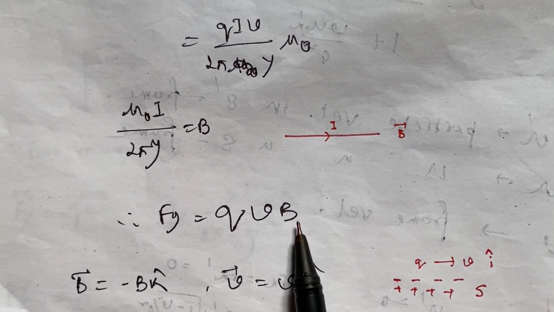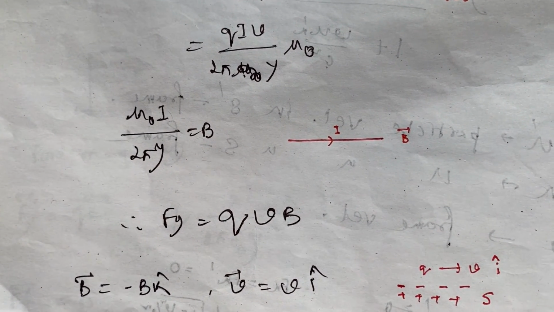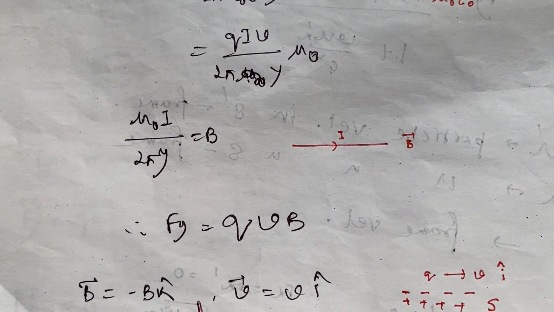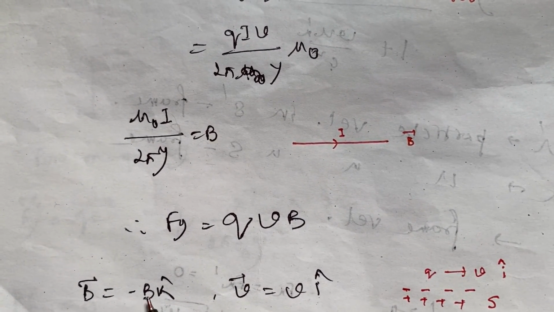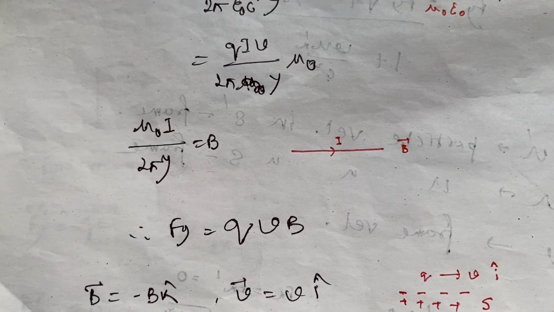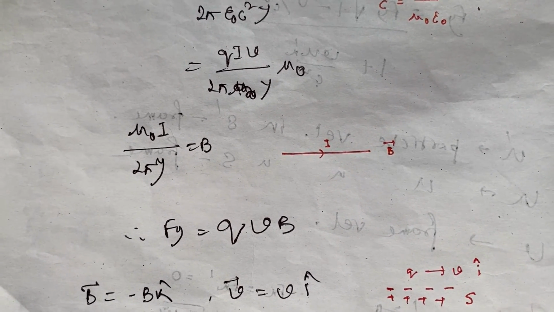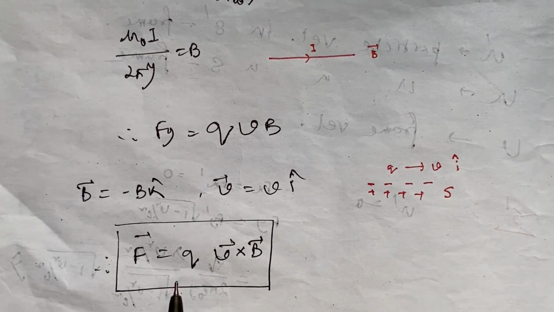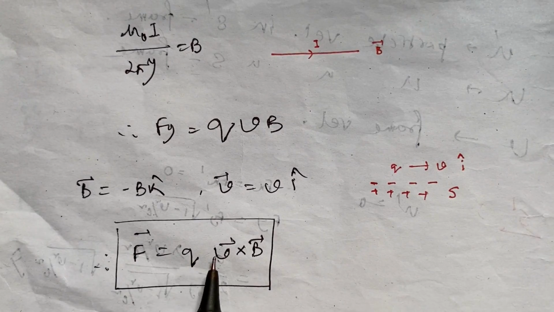This magnetic field is along the z direction, so v equal to v i cap and B equal to minus B k cap, because it is going towards the page. So here we have the expression of the Lorentz force, F equal to q v cross B.